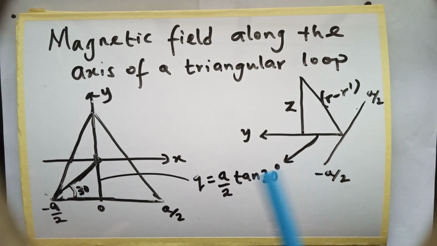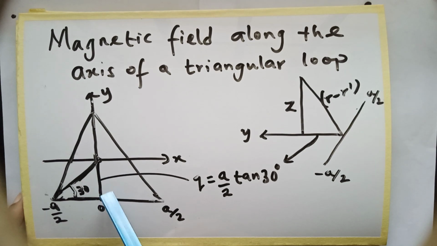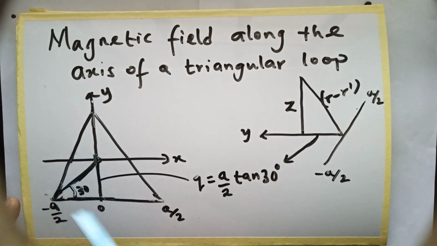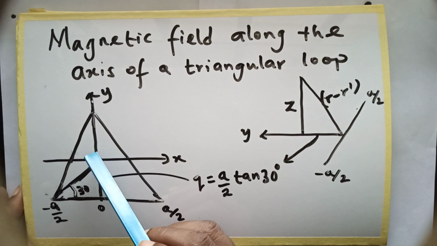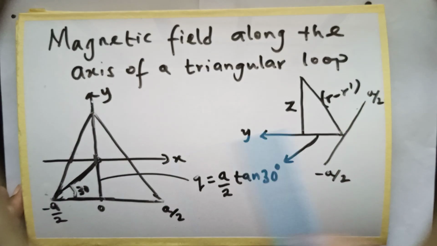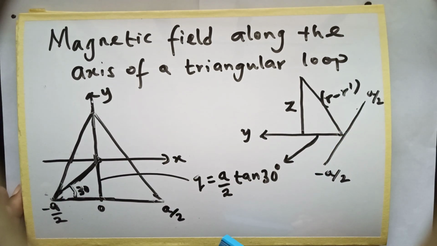Now, what we want to do is to calculate the effect of an elemental charge at any point along this axis, and that point we can transfer to this point. If you notice, we can pull out the z-axis outward, then link this particular point to that z-axis, and as a result we get this particular diagram.